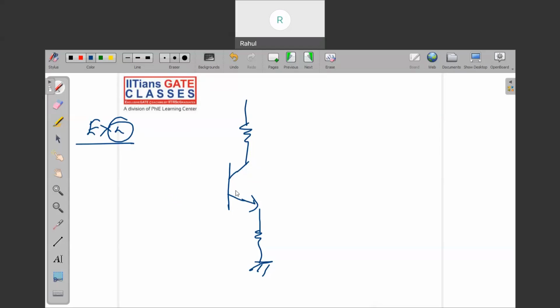This is +6, and this is given as 4.7K, and the supply is given as plus 10 volt, and this RE is given as 4.3K.